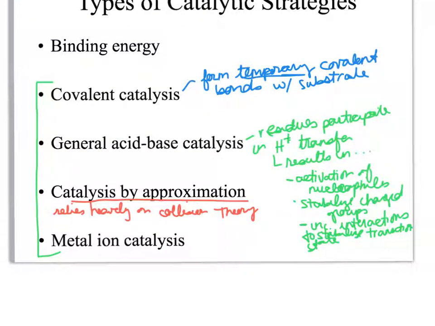It holds these substances near one another. And then the final type, metal ion catalysis. We know that metal atoms, zinc, magnesium, iron, are going to be used as cofactors by many different enzymes. We'll see as we move through our study of biochemistry that metal atoms are very important to a number of different reactions. The metal atoms lose electrons easily, therefore they can exist as cations. And that positive charge on the metal will allow the metal to stabilize transient intermediate structures.